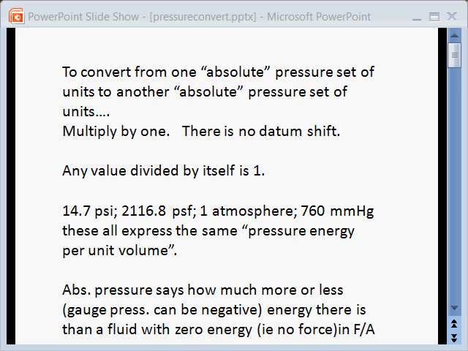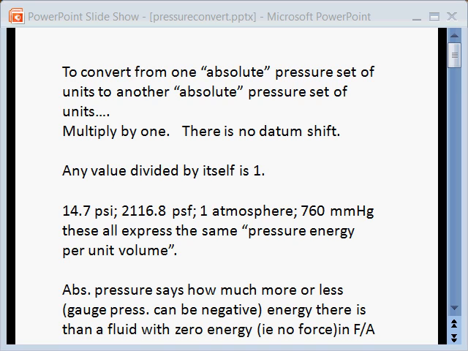All right, so to convert from one set of absolute pressure units to another, all you have to do is multiply by 1, since there is no datum shift. Any value divided by itself is 1, and you start to know some of these basic equivalences and form the fewest number you can in your brain, and then draw the connections using specific gravity or unit weights of fluids. So the ones that generally you should keep are 14.7 psi, which begets 2116.8 psf, 1 atmosphere for sure, 760 millimeters of mercury.